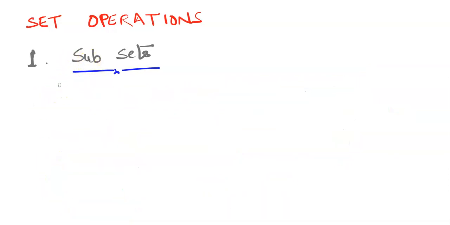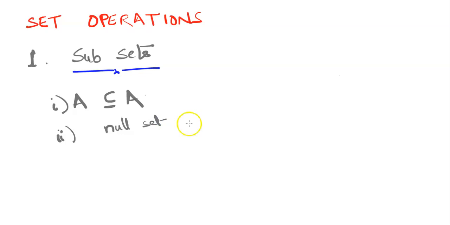A few remarks before we move forward. A set is always a subset of itself. The null set is a subset of all sets.